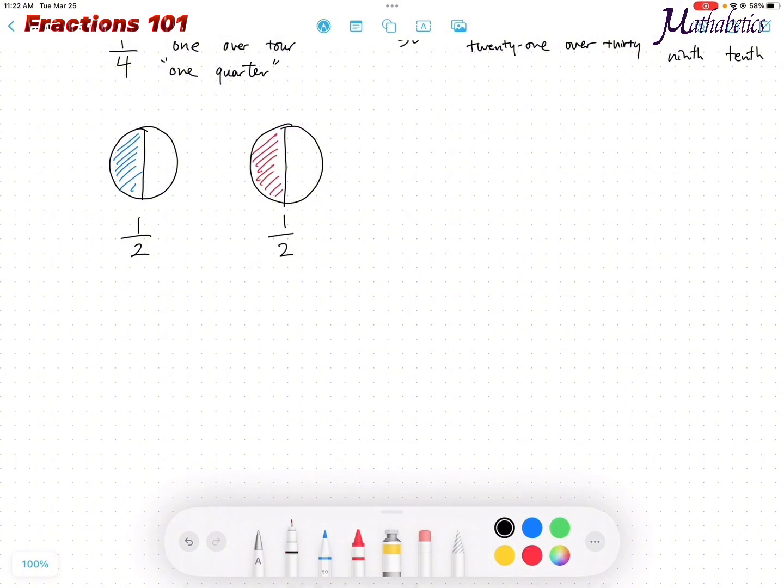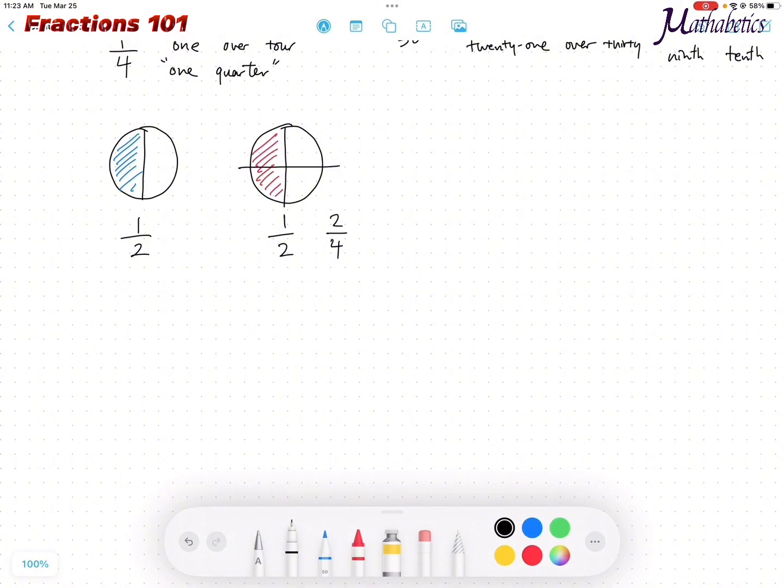But what happens if I divide this further by another half? So each piece I divide by half. So it's no longer 1/2 because I have 4 pieces. So the denominator is now 4. Now, how many are colored red? Well, there's 2 colored red, right? We have 1 here and 1 here. So the numerator is 2.